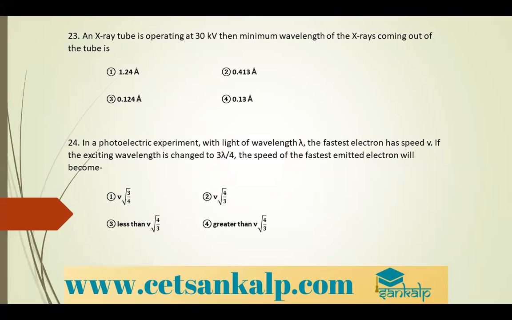So you have the formula that lambda is equal to 12400 divided by V, in Angstrom. So 12400 divided by 30 kilo, right? So now 124 divided by 300.